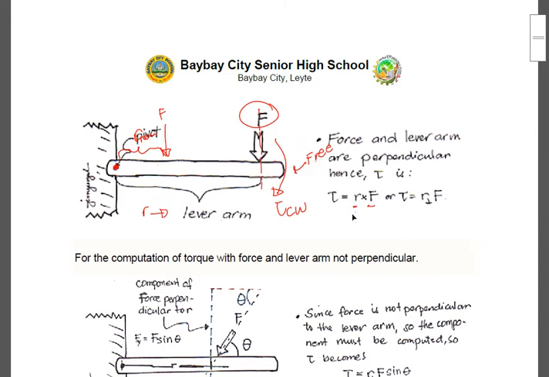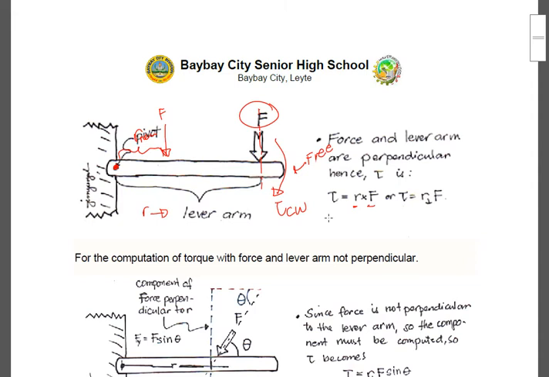So with that, we can say that the torque is a function of r and F. If the F is small, then of course the rotation of the system will also be slow. If the r is large, despite the force being smaller, the system will still rotate.